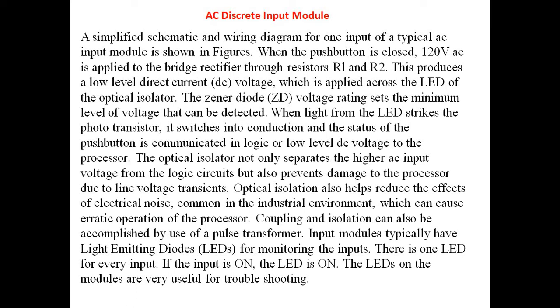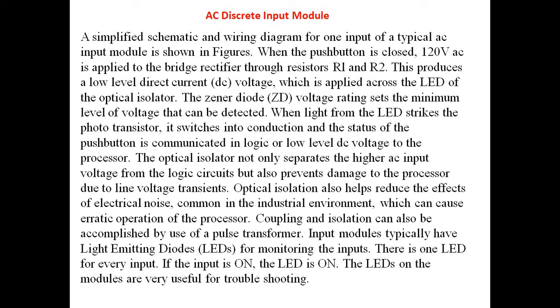This produces a low level DC output voltage, which is applied across the LED of the optical isolator. The Zener diode ZD voltage rating sets a minimum level of voltage that can be detected.